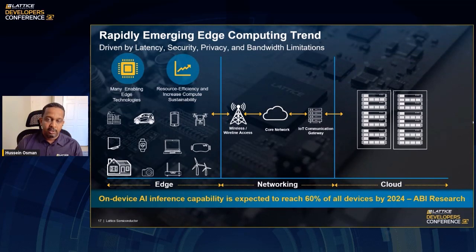And the choices of edge processors have been increasing, and they're very capable. They're just as capable as the cloud servers, and they're efficient in terms of their computation and power consumption. These are all drivers of having that compute move from the cloud into the local device.